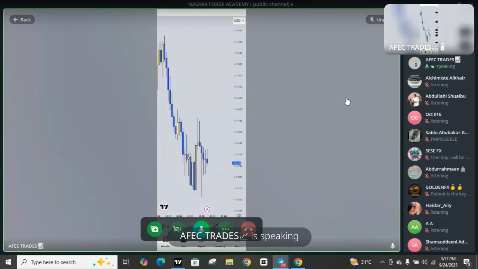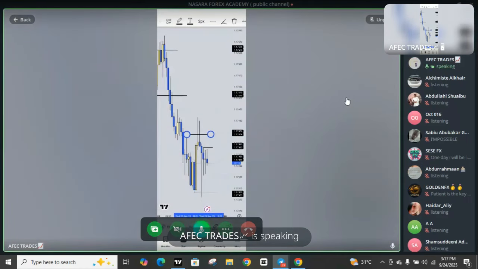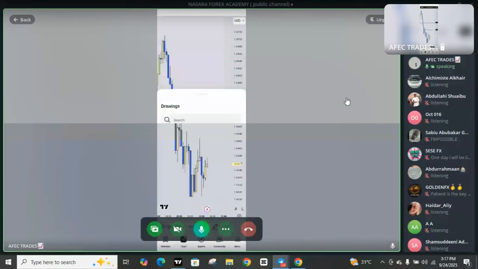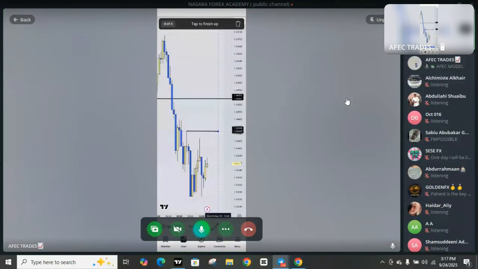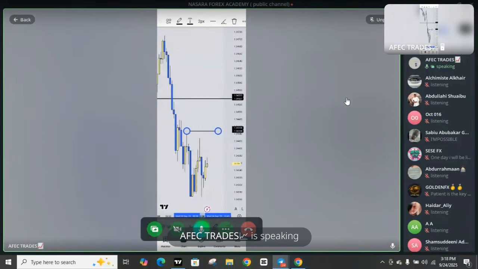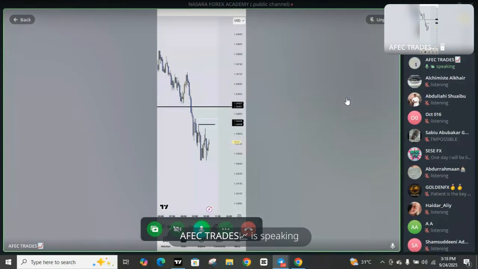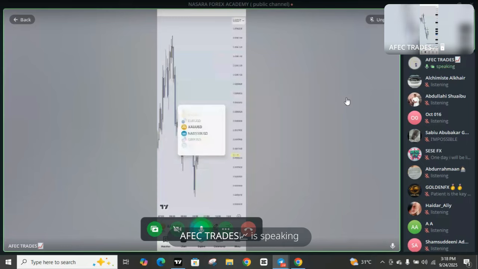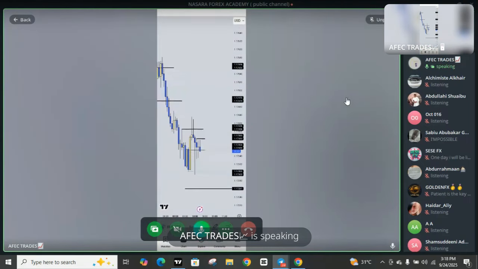We have Euro USD, it takes out this high, right? But then GBPUSD didn't take out the same high, which is here. But then Euro took it out. So we have to be considering that. With that, I will say, yeah, Euro USD will go straight and take out this low also.